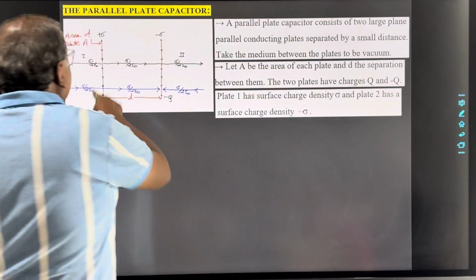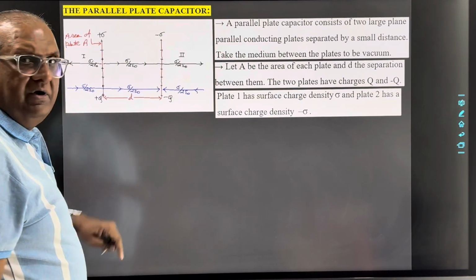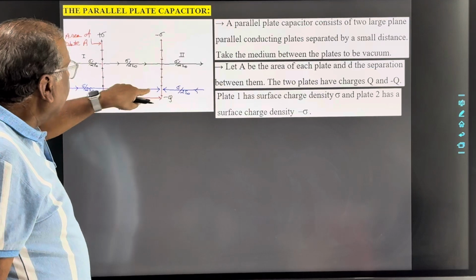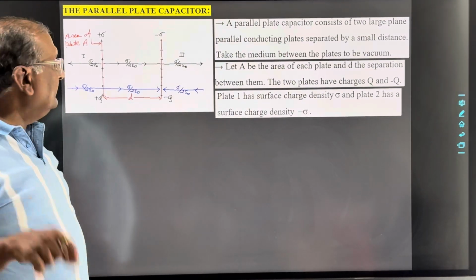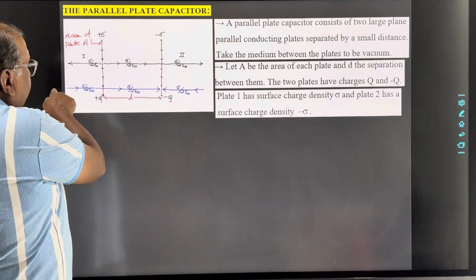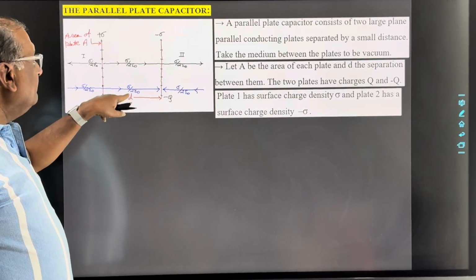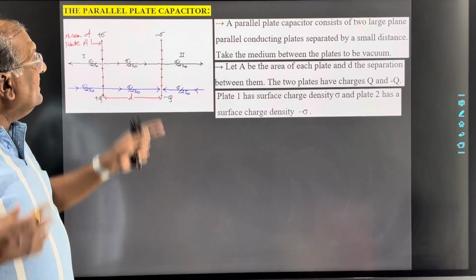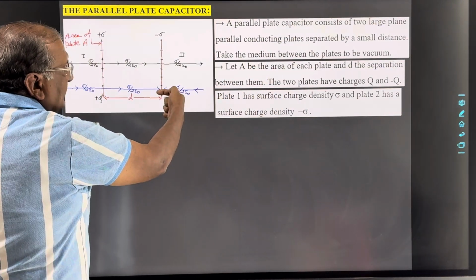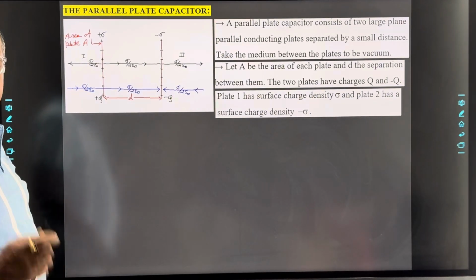Similarly on the right-hand side, from the plate up to infinity, sigma upon 2 epsilon 0. For the negatively charged plate, the electric field is from infinity to the plate. So on the left-hand side, from infinity to the plate, with magnitude everywhere sigma upon 2 epsilon 0. Similarly on the right-hand side, from infinity to the plate, with magnitude sigma upon 2 epsilon 0.